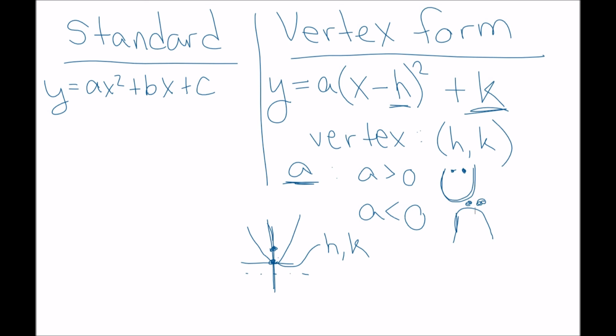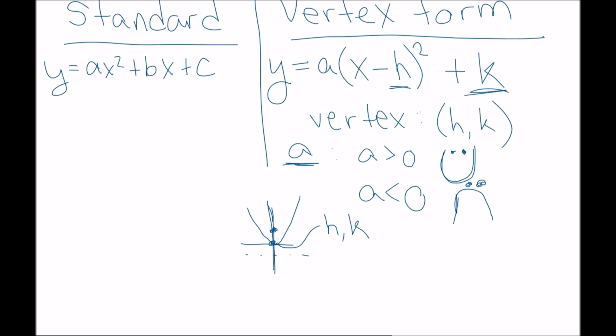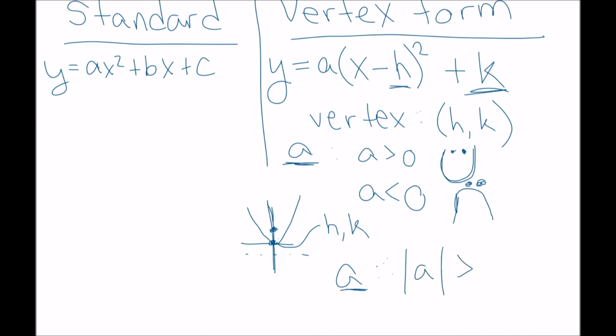So that's one feature. One more feature for vertex form has to do with a again, and that is whether the absolute value of a is greater or less than 1. If the absolute value of a is greater than 1, we have a narrowing parabola.